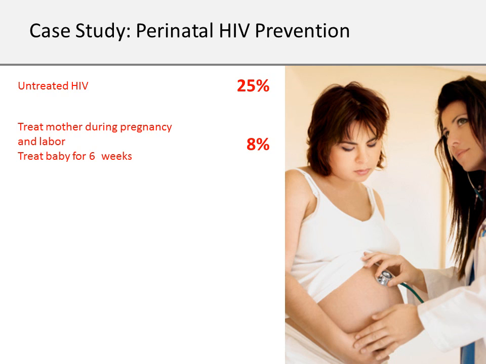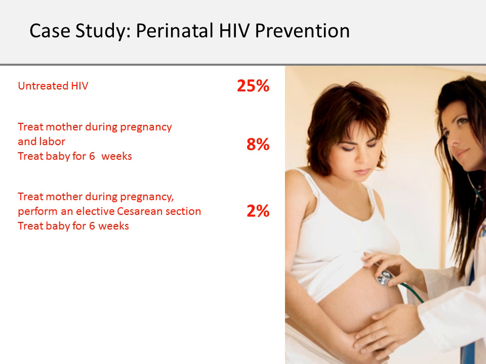If a woman is treated with ZDV, which is an accepted and effective treatment for HIV during pregnancy and labor, and the baby receives HIV medication for 6 weeks following the delivery, the rate of transmission can drop to 8%.